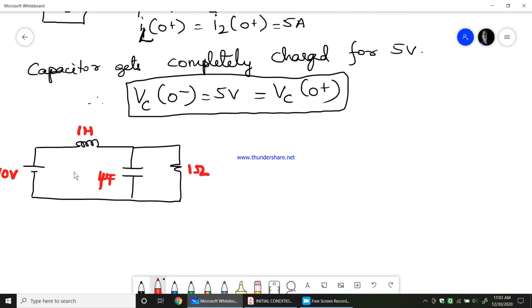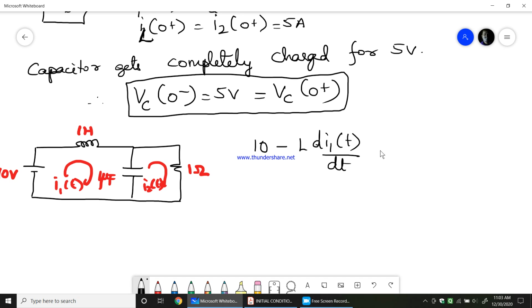Now I'll take the current through this loop as I1 of t, and this is I2 of t. My job is only to find I1 of t, because that is the current through the inductor which is asked in the question. For that we need to write the loop equation. It is plus 10 volts minus L into di1 of t by dt minus the voltage across the capacitor, Vc of t, equals 0.